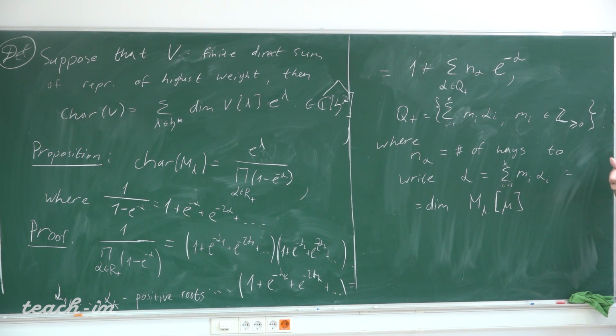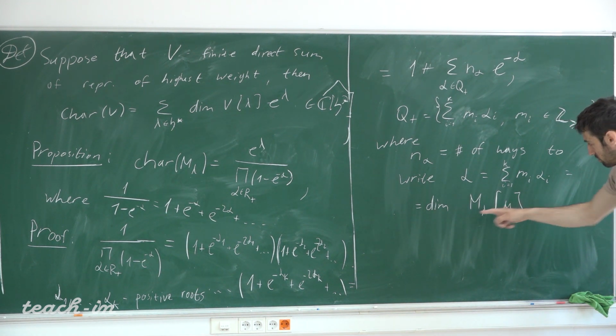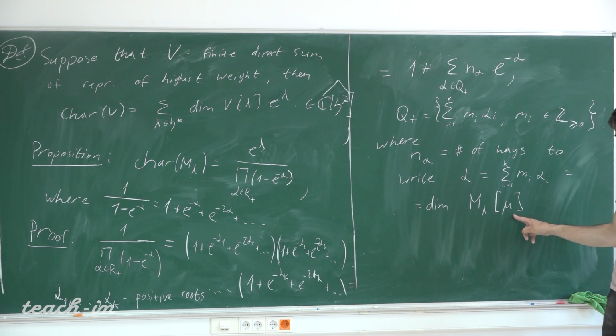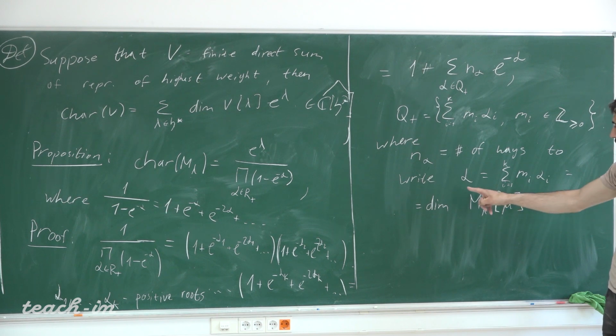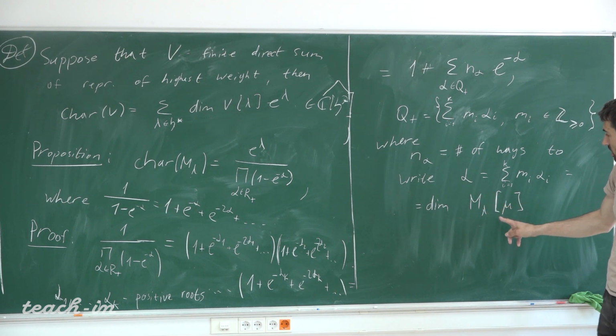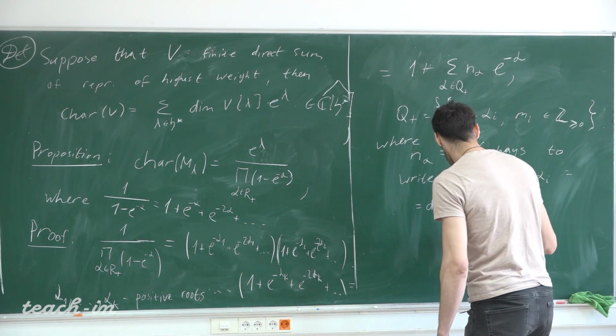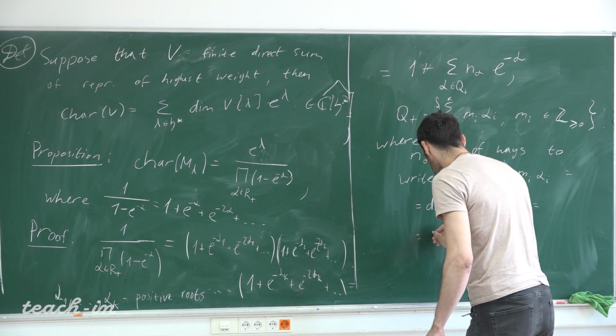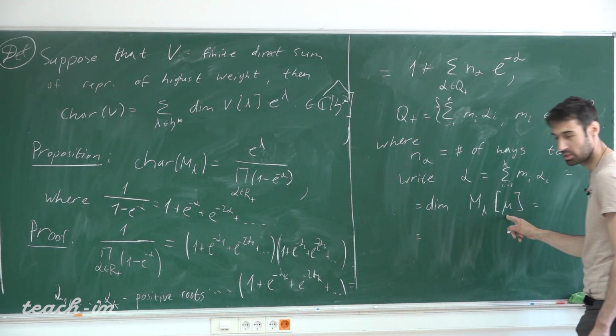That's exactly what the PBW theorem says to you, right? So anyway, the dimension of a weight subspace in the Verma module is exactly in how many ways you can write mu, right?